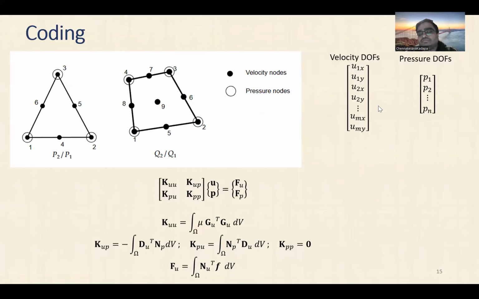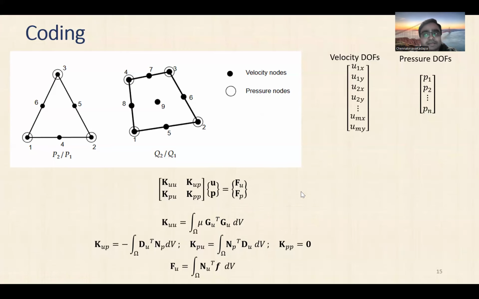Our task is to compute the basis functions separately this time, because the basis functions would be different depending on the number of nodes. Here our task is slightly more complicated, because NP is no longer the same as NU. Since we are not using the same basis function for velocity and pressure, we have to calculate NP separately.